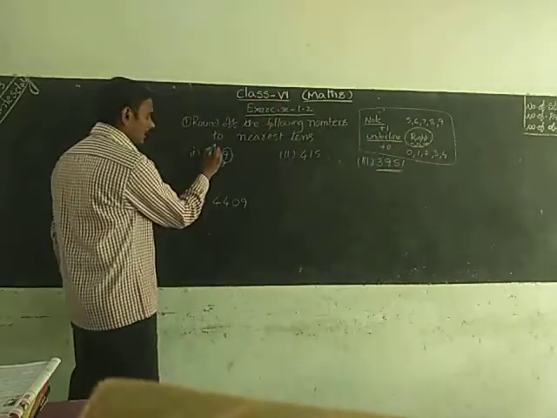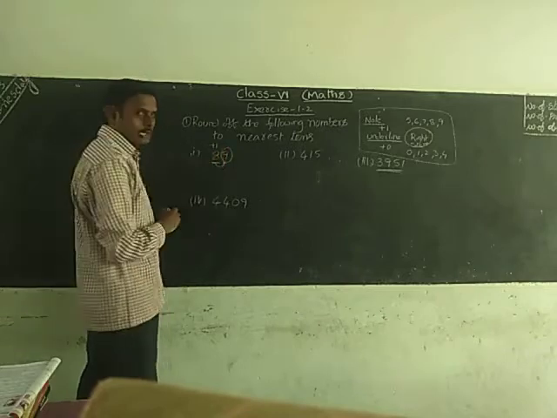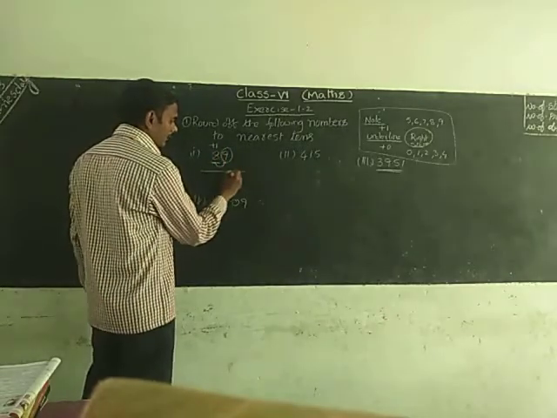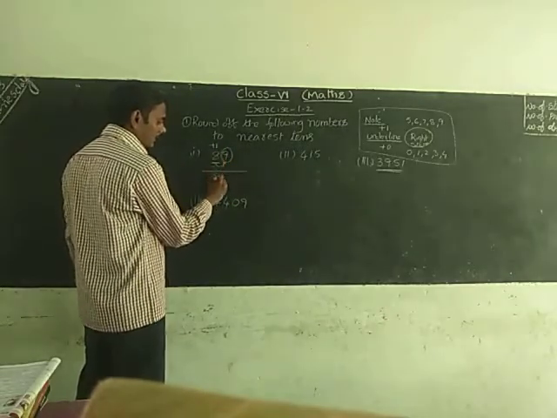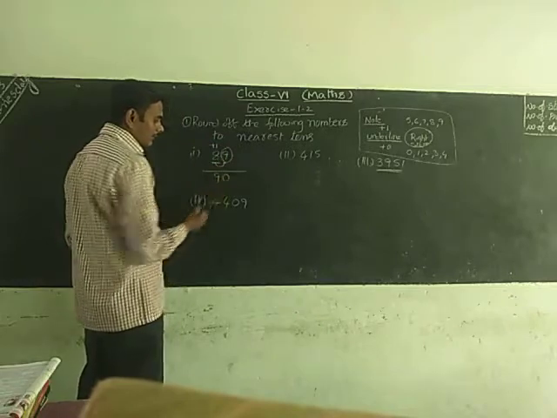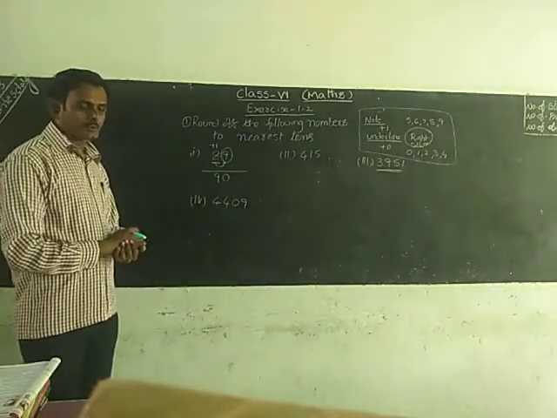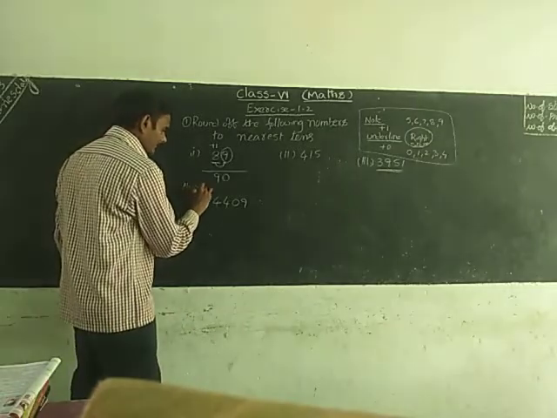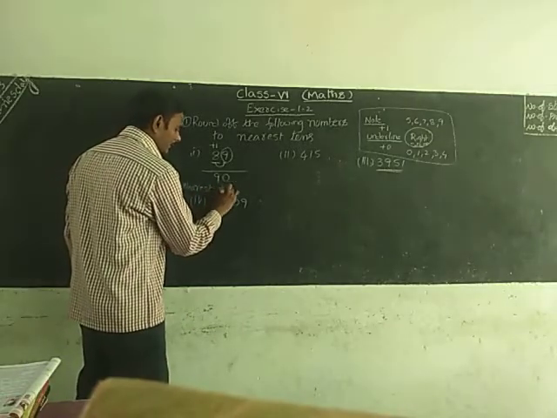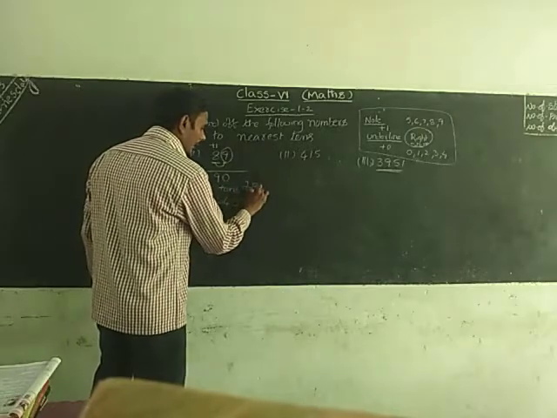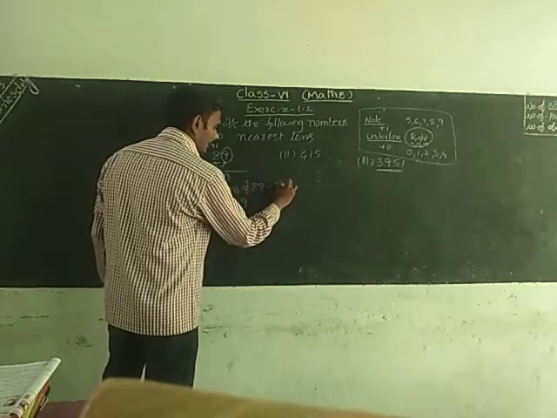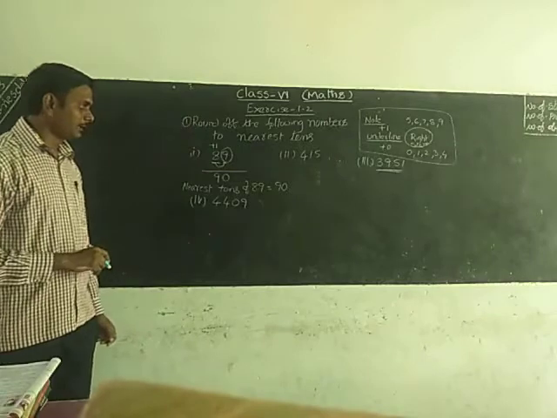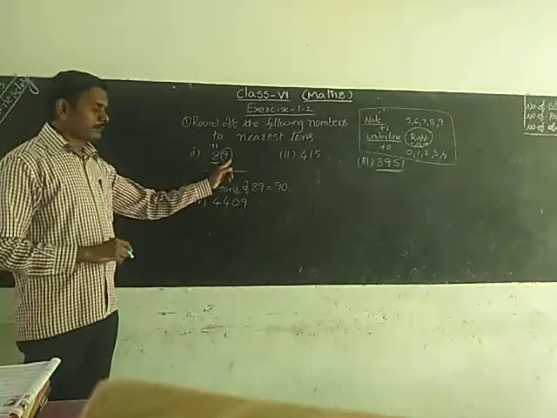By adding, 8 plus 1 is 9, and the right side number you take as 0. So the nearest tens of 89 is 90.